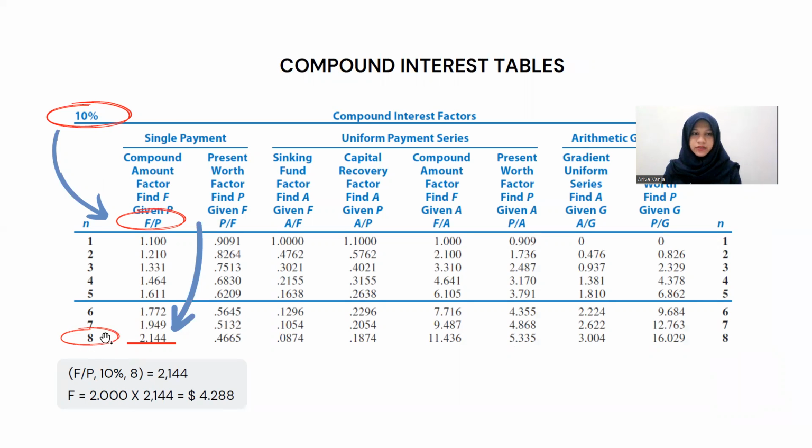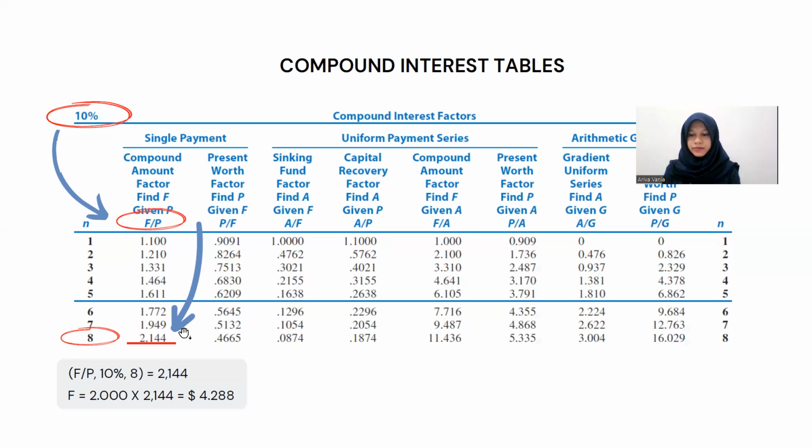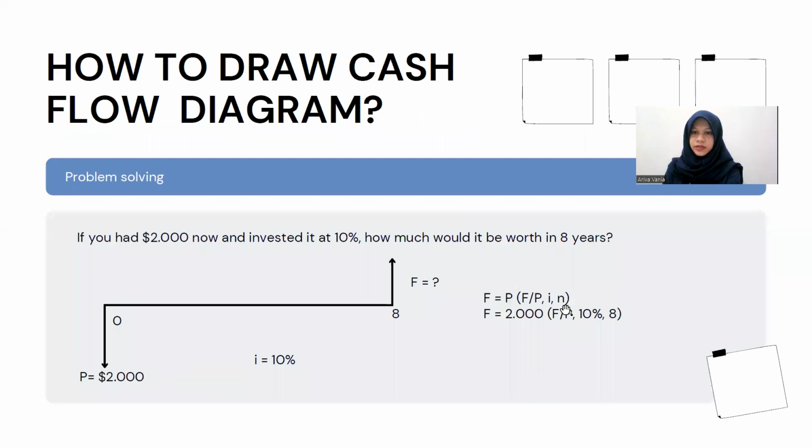After that, we know the factor, and then we can solve the problem by multiplying this F/P factor by $2,000.